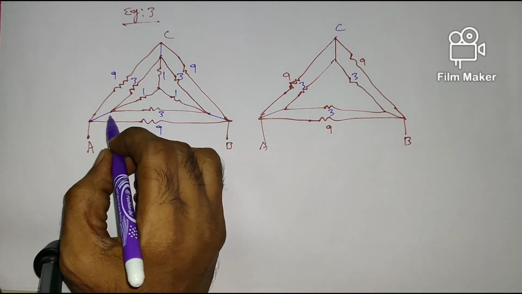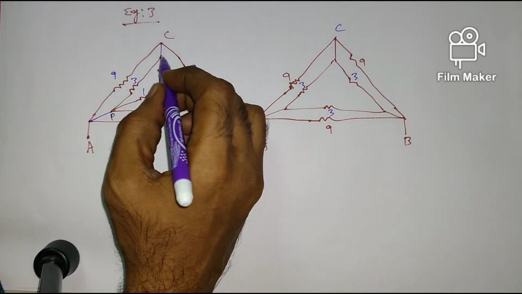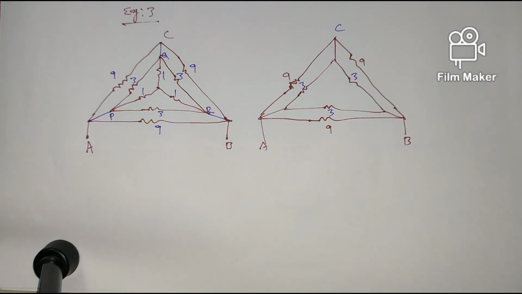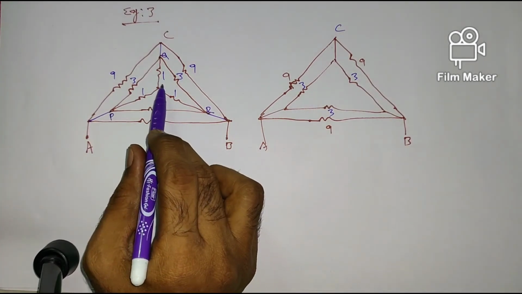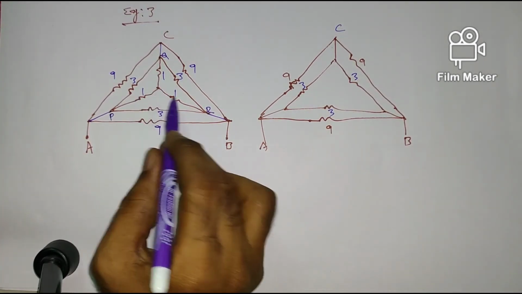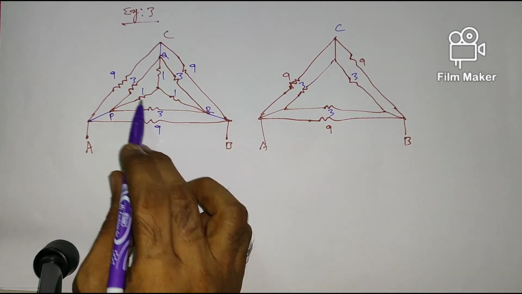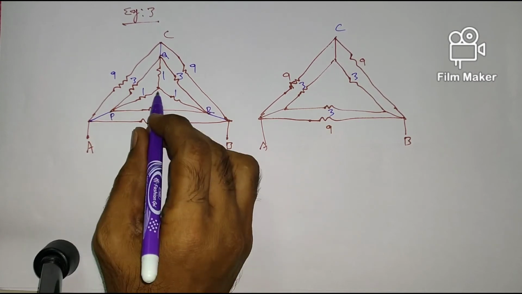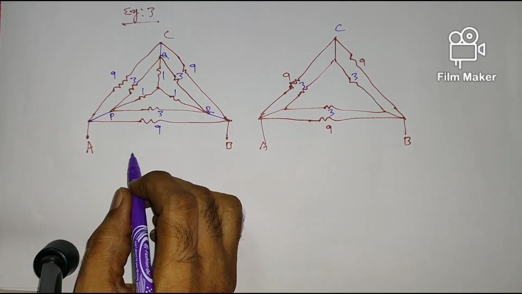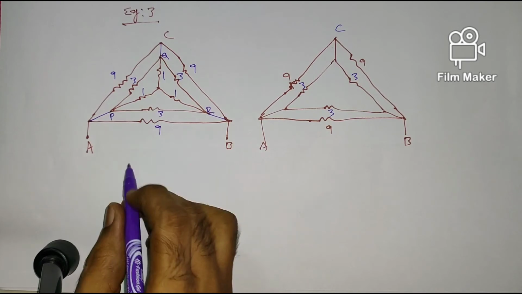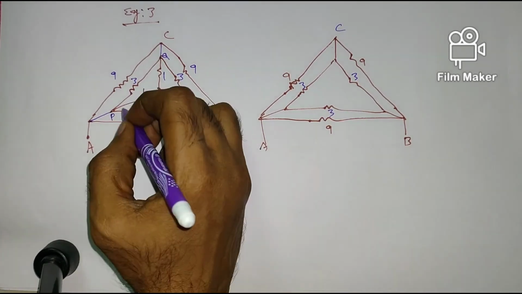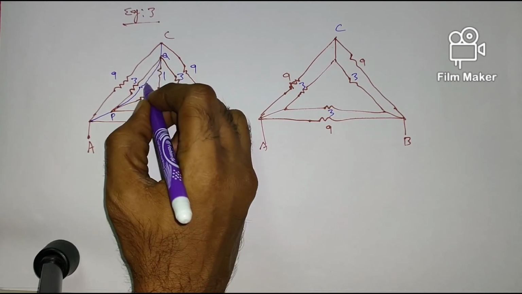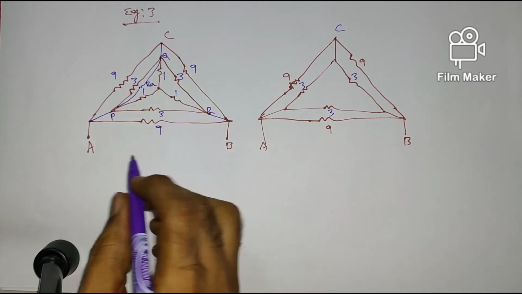Let us name the terminals as say this is P, this is Q, this is R. When this star configuration of 1, 1, 1 is converted into delta, we get each resistance. I am calculating one resistance and the remaining two will be the same. Let us say this is RA.